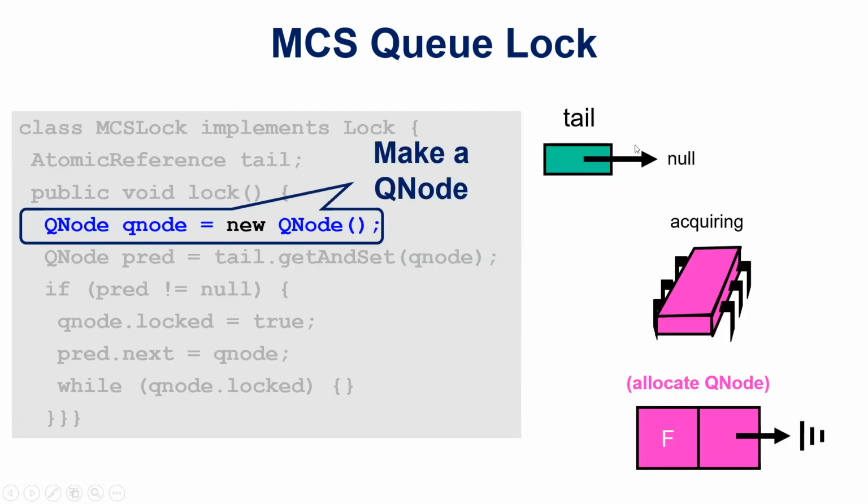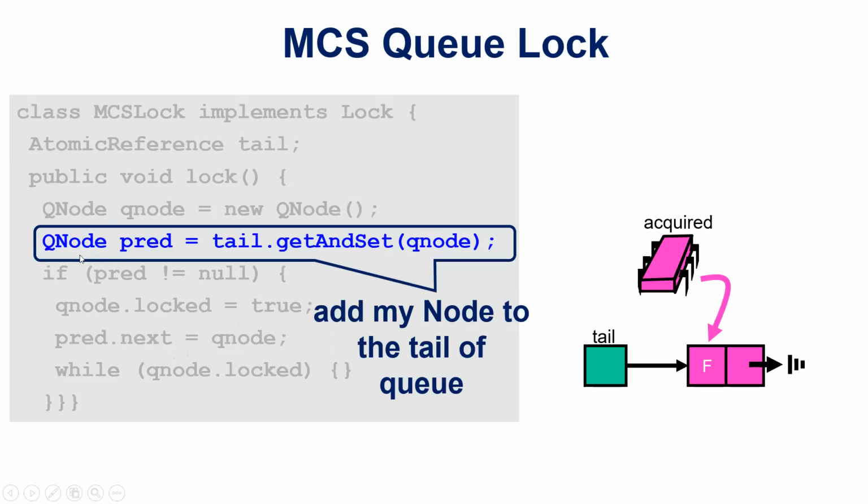Here tail is separate, and tail is initially null. Now we are checking the condition. This line, Q node pred equals tail dot get and set of Q node. This method, provided by the atomic reference, automatically gets the current value of the tail. What is the current value of the tail? Tail is null, right? So initially tail is null. That null will be stored in the predecessor, and it sets the new value.